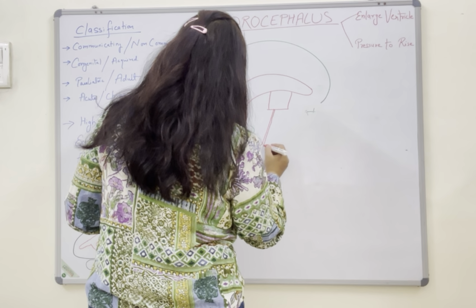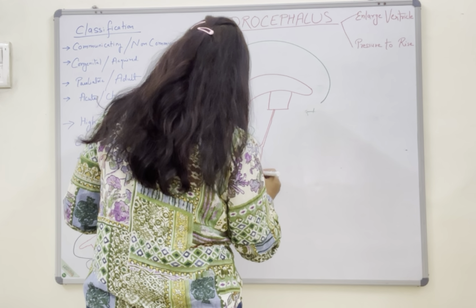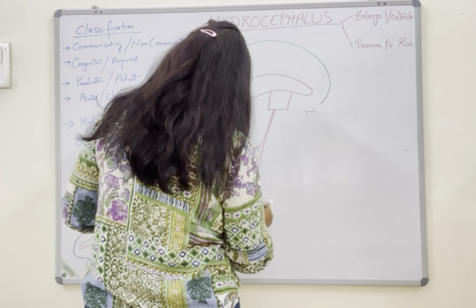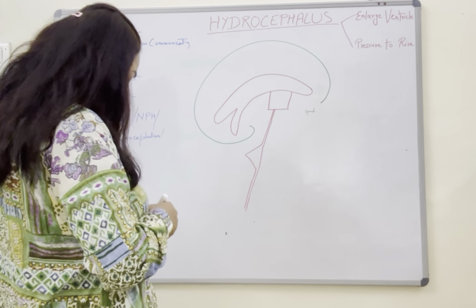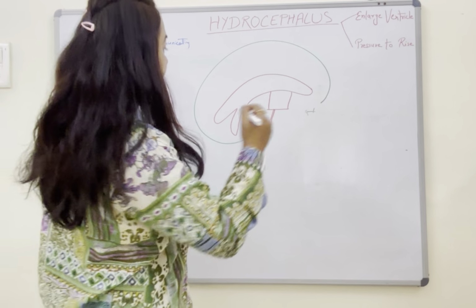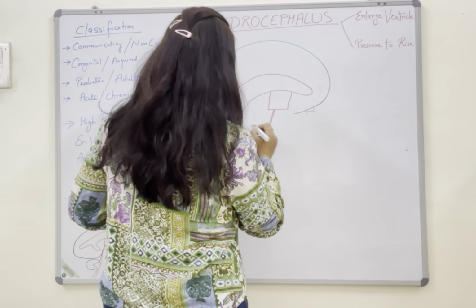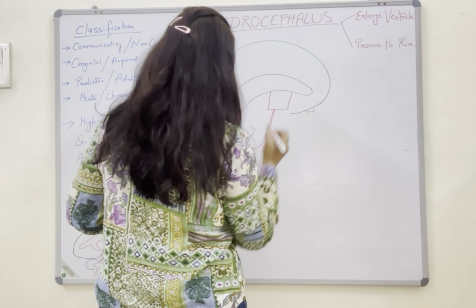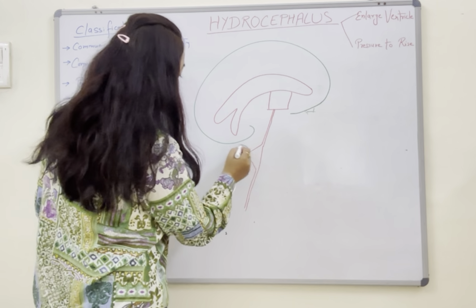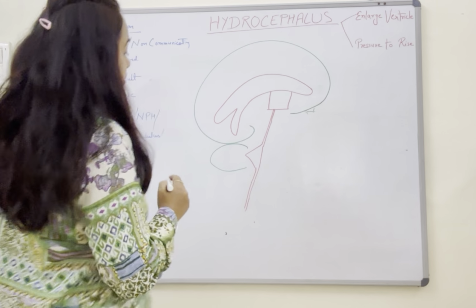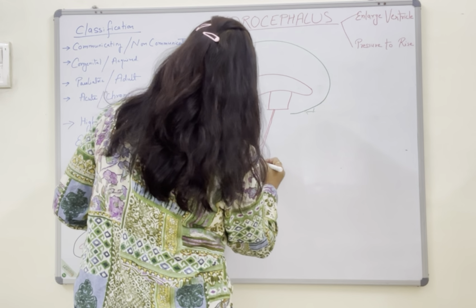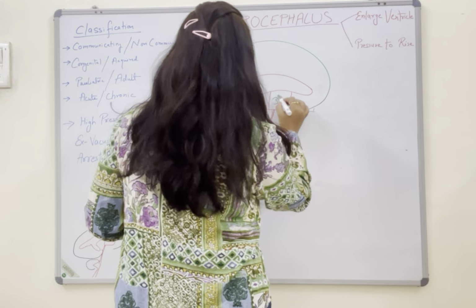Then this is the fourth ventricle, and this continues as the central canal of the spinal cord, right? Here is the cerebellum behind the fourth ventricle. This is the fourth ventricle, right? And this is the third ventricle.